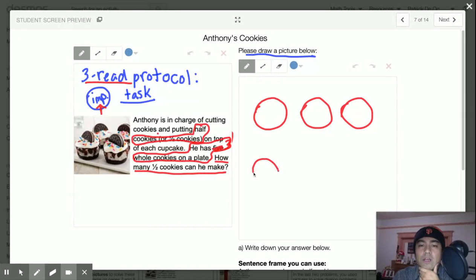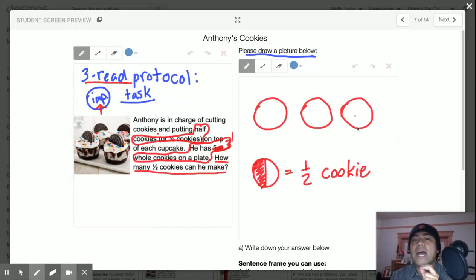Well, I know that this is a picture of a half. This is a half cookie. All right. So my job is to take this picture on top of these 3 cookies and figure out how many halves are in these cookies. How many halves are in these 3 cookies? Okay. Because we're trying to make half cookies. All right. So here we go.